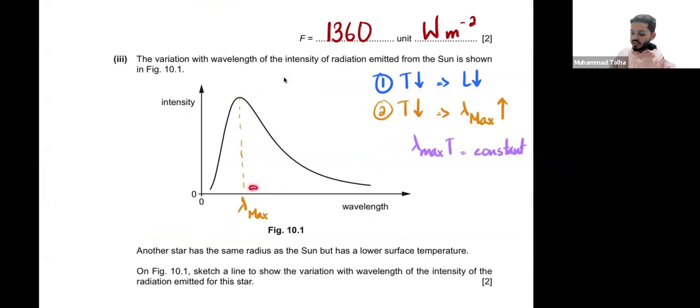So my wavelength is now going to be further out towards the right, and it's now not going to have that much of the max intensity because luminosity has gone down. So my graph in this case would look something like this. And this is what my new lambda max would be. You don't have to label it, but I'm just talking about what this peak represents.